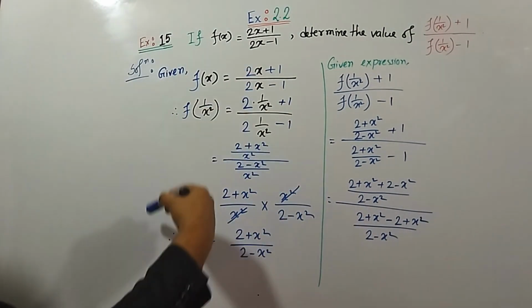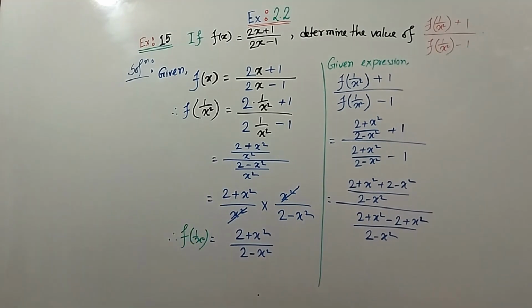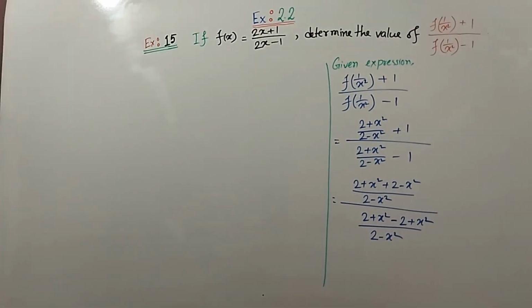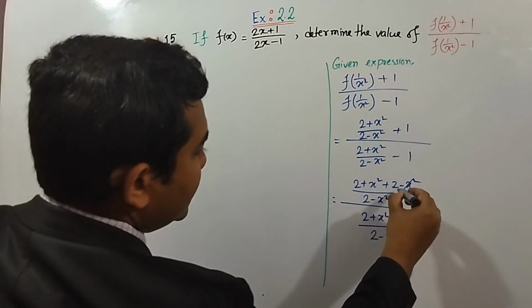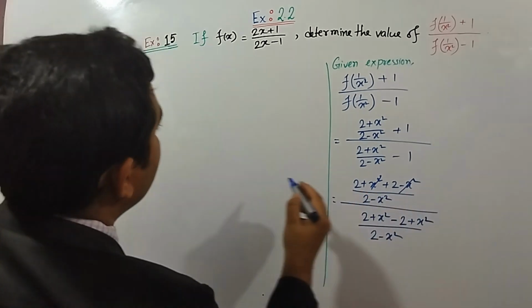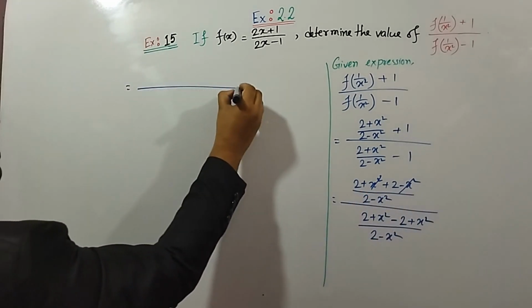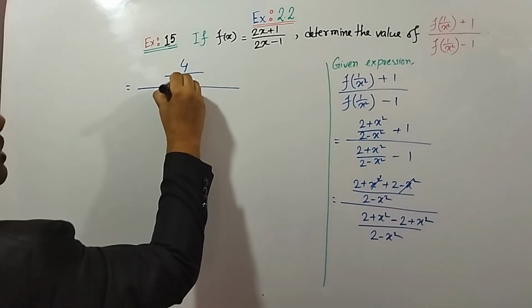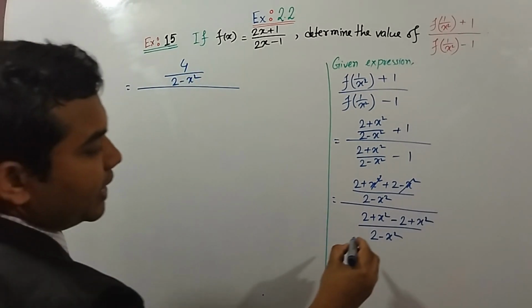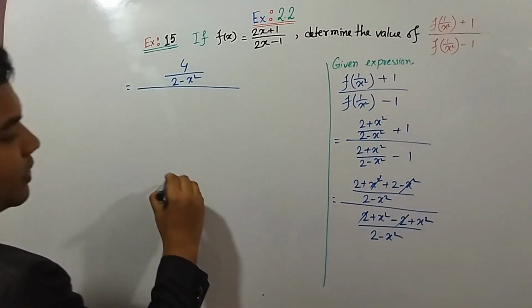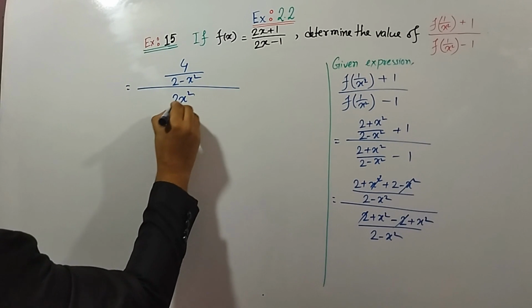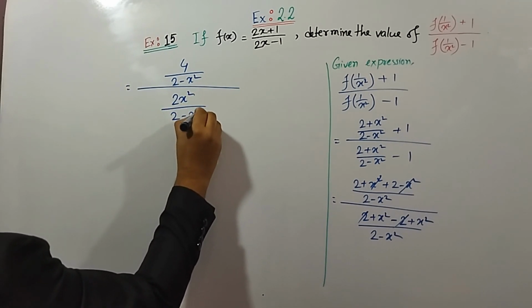So I will erase this part and from here I will start. Okay, so in here what we actually found, x square gone. So 4 by 2 minus x square, 4 divided by 2 minus x square, here 2 gone. So 2x square divided by 2 minus x square.